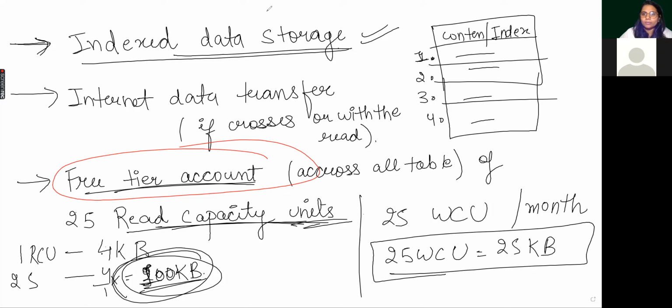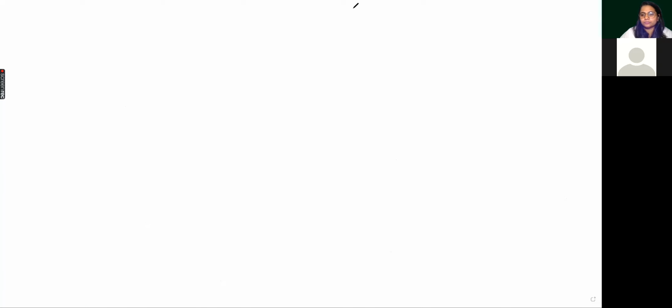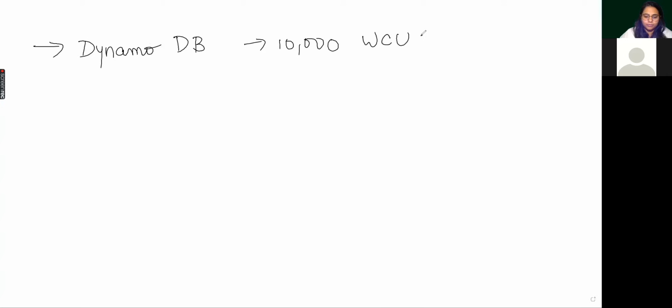So, next thing, what DynamoDB does: 10,000 WCU per second and 10,000 RCU per second, for a single table, per table.